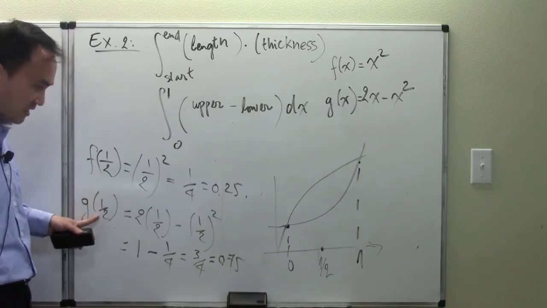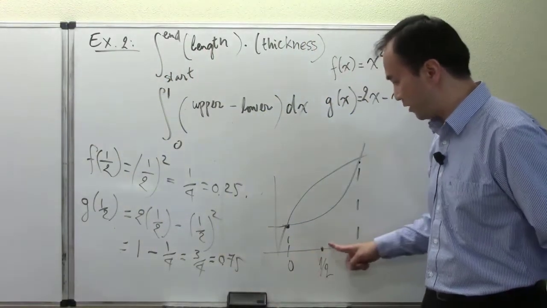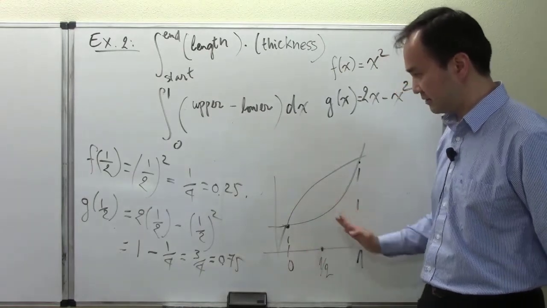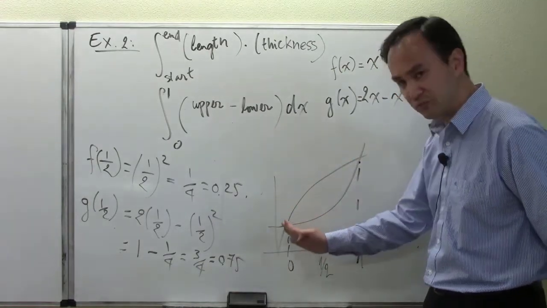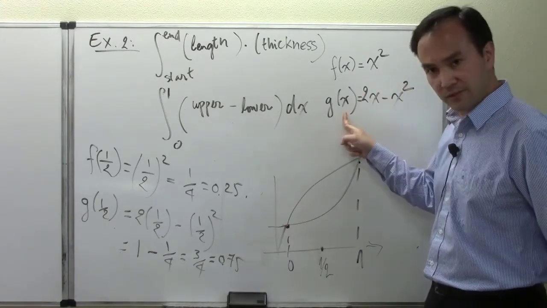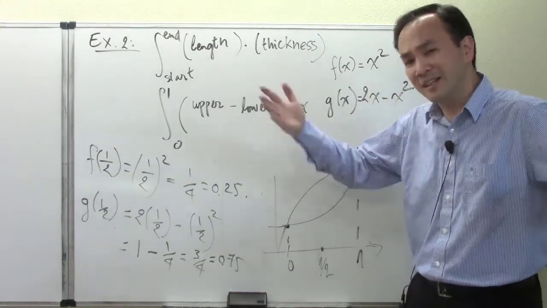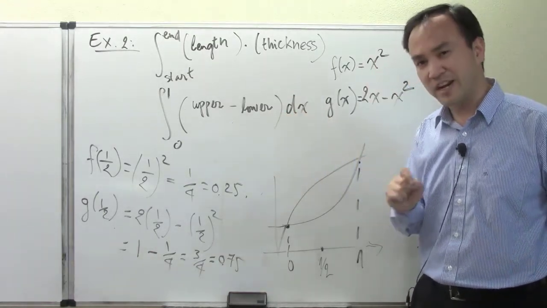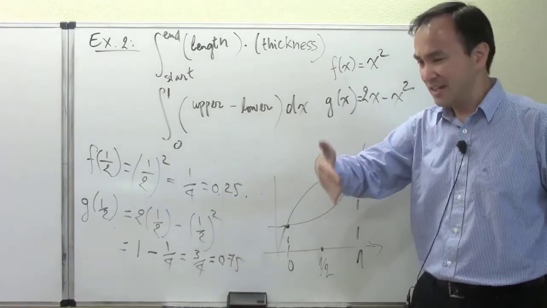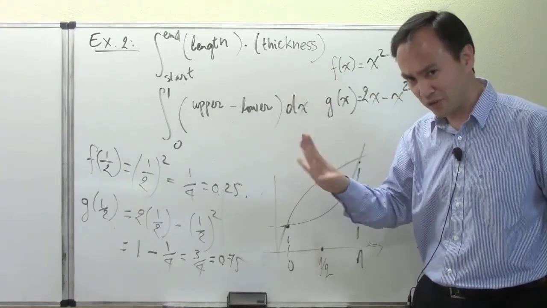So now you have a clear answer. We picked a random value in between this interval, and we found out that, in conclusion, inside of this interval from 0 to 1, this function g right here doesn't always have to be the lower one. And the dangerous thing with reading a textbook is that once the textbook sets out a formula, people tend to just memorize it without much realization about it.